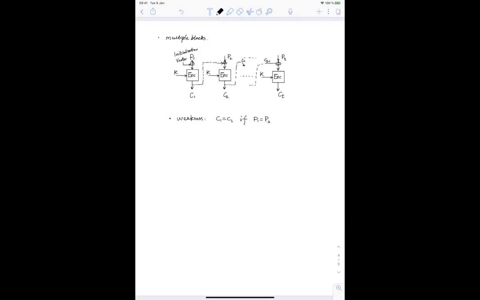This is one way, and it's called the cipher block chain mode, CBC mode.